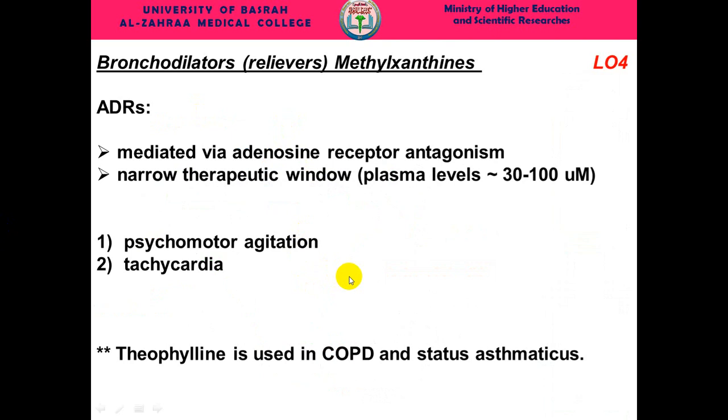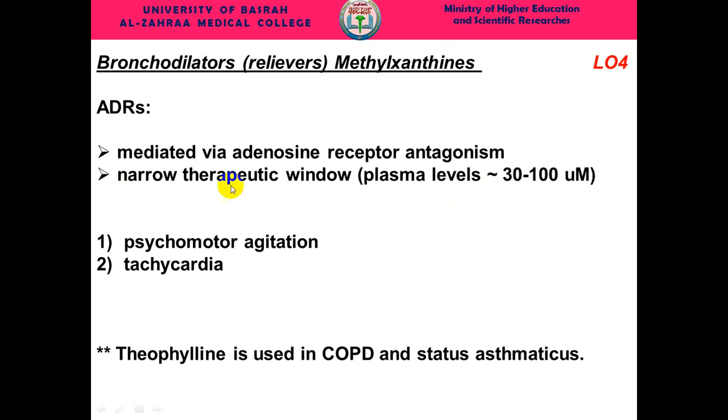The major adverse reactions of methylxanthine are mediated via adenosine receptor antagonism. Unfortunately, these agents have a narrow therapeutic window. So this means that if we exceed the normal plasma level of these methylxanthines, that is between 30 and 100 micromole, we might get toxicity from these substances.